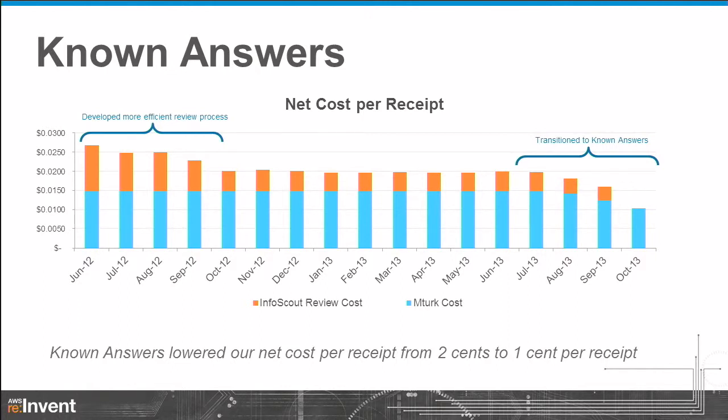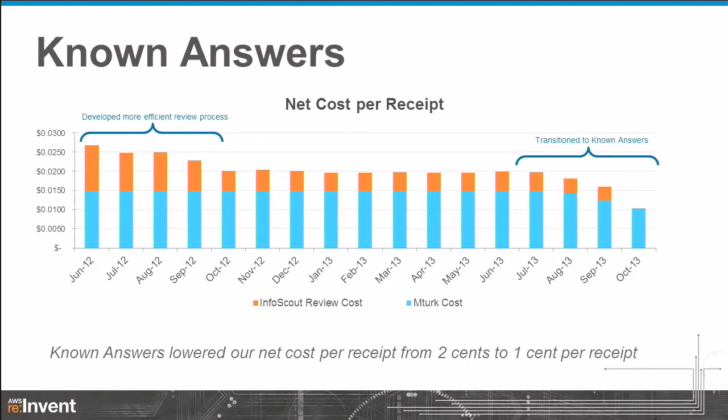As you can see, very early on, we were approving and rejecting every single receipt, and our review cost was quite costly at a per receipt level. So we got a little more efficient, and we would score the receipts and only approve or reject some of them. But at the end of the day, we plateaued, paying about 2 cents a receipt. The data was still going up to the right, and we needed a way to scale this out, so we turned to known answers.